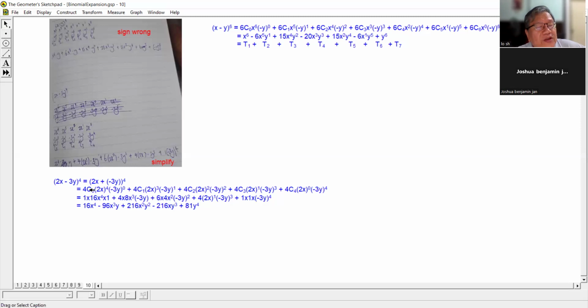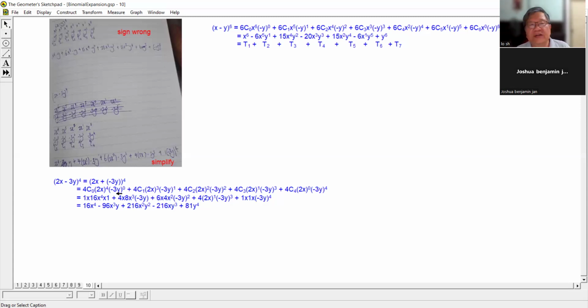Okay, so this is 4C0. So this is 2x raised to the power 4. Then negative 3y raised to the power of 0. Do you know what is negative 3y raised to the power 0? 1. Yeah, correct. Anything raised to the power 0 is 1.